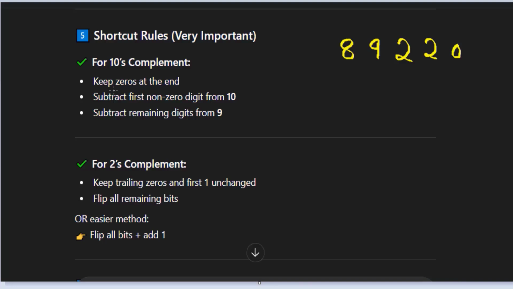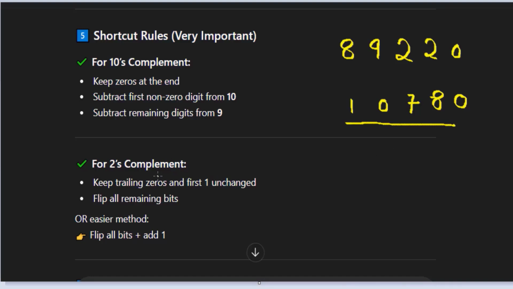What they say about 0 is that we have to keep the 0 at the end, and now this is the first non-zero digit. So we have to subtract the first non-zero digit from 10. So I will get 8, and then the remaining will be subtracted from 9. When 2 is subtracted from 9, I will get 7. When 9 is subtracted from 9, I will get 0. And when 8 is subtracted from 9, I will get 1. So this is the 10's complement for this number.